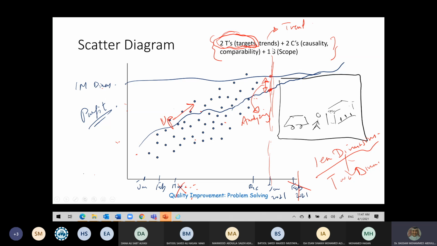But if I don't put this per 1,000, if I don't do any normalization, I cannot compare 2000 to 2020, because in 2000 we had about 5,000 students, and today we are having about 30,000 students. So 5,000 is not comparable to 30,000. In other words, if I talk about 5,000, for example, I have 500 graduates per year. If you come to 2020, we have, mashallah, 2,000 graduates per year.